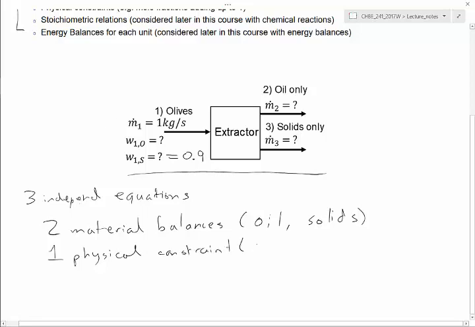And that was that our weight fractions in stream 1 of oil and of solids, when we add them together, are going to be equal to 1, right? So we can use this physical constraint right now, and we can solve that this is 1 minus 0.9. This is equal to 0.1 if we had that other piece of information.